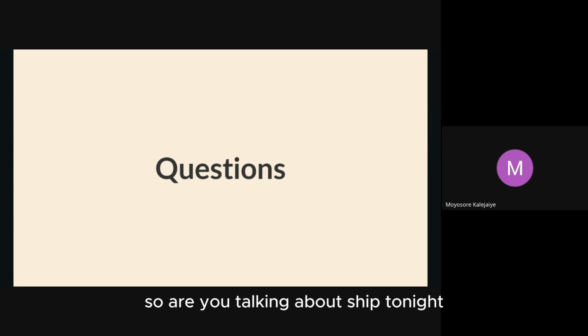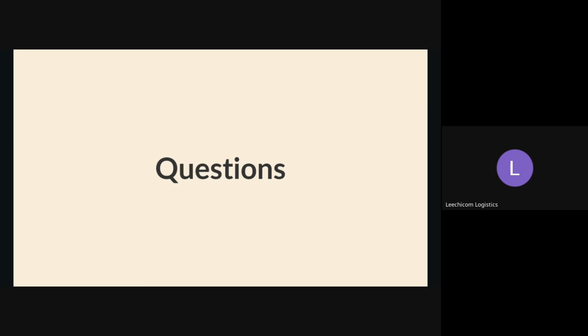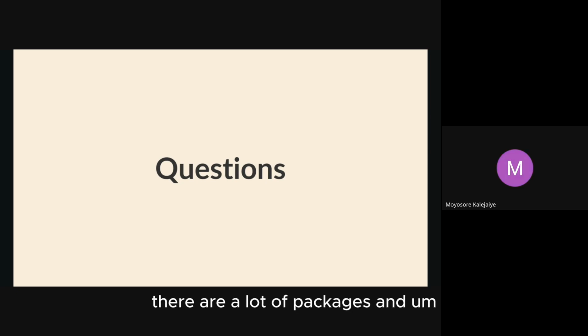Okay, so are you talking about Ship to Niger? I'm talking about Ship to Niger. You have to understand that there are a lot of packages and every package has to be attended to. So 24 hours is what it will take to get those packages resolved.